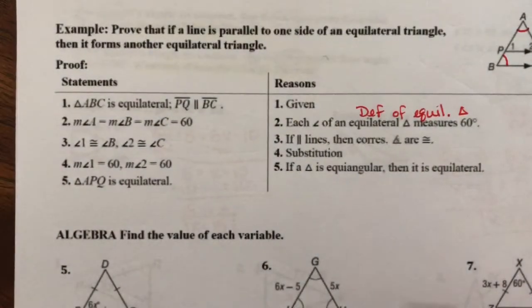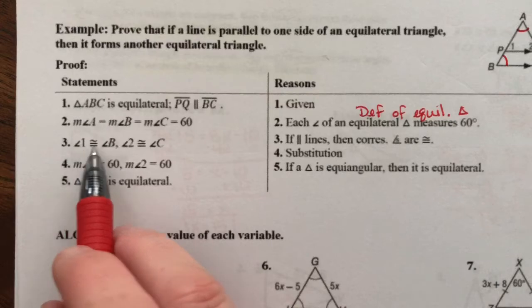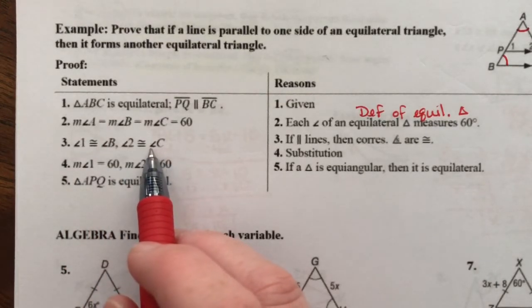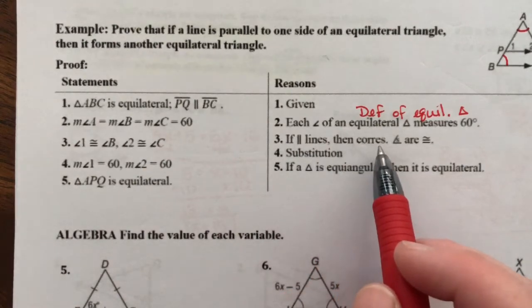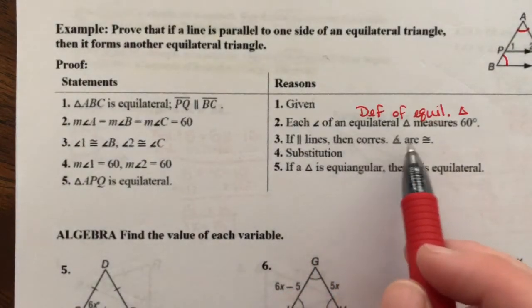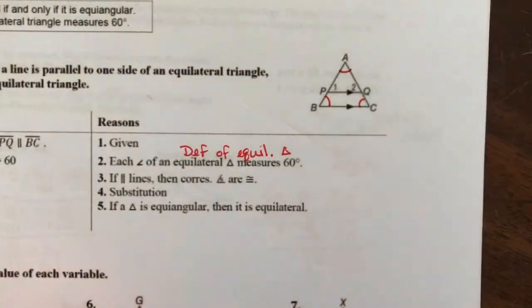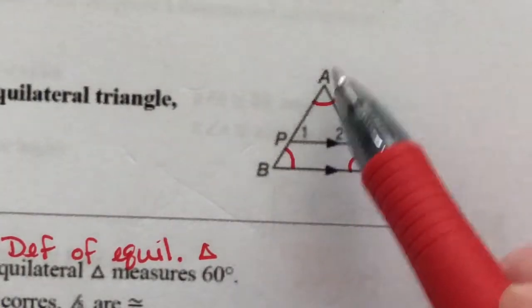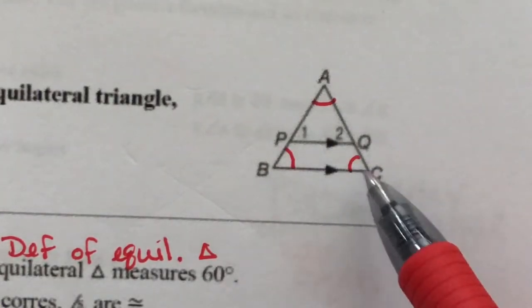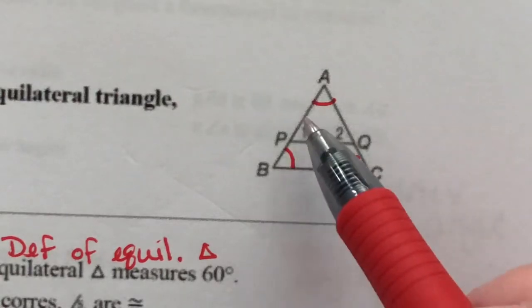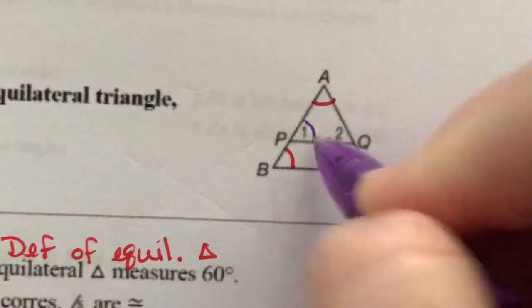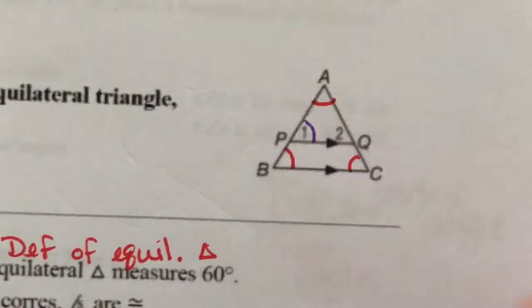So then in the next line, we said angle 1 is congruent to angle B, and angle 2 is congruent to angle C. If parallel lines, then the corresponding angles are congruent. So here, if PQ is parallel to BC, and this is my transversal, then angle 1, I'll do it in purple here, is going to be the same size as angle B because they're corresponding angles.